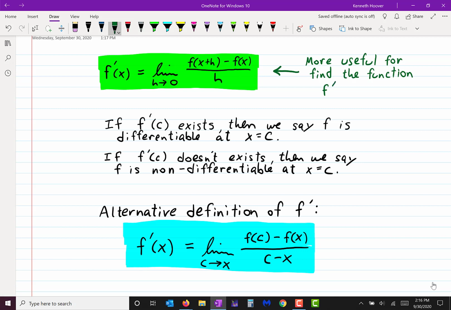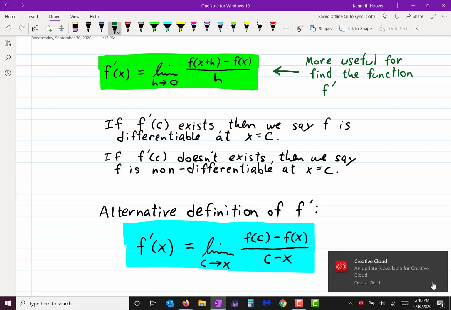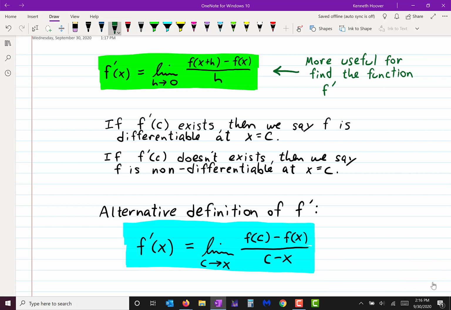Remember how I showed you in the other lecture? If you want to find the derivative at one point, you find the derivative at that point, and I actually put a number in there instead of x. But if you want to find the derivative at several points, rather than finding the derivative several times, it's easier to just find the derivative once with the variable x in it.